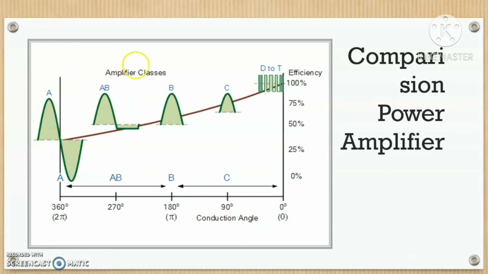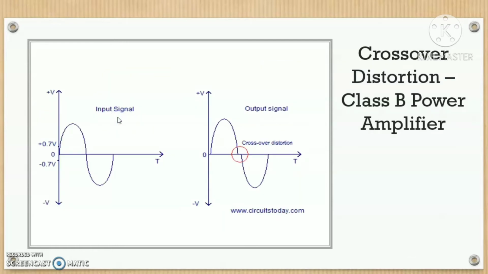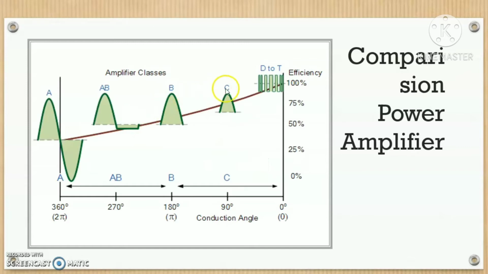Now this is a comparison of power amplifiers. Here you can see the conduction angle on the x-axis and efficiency on the y-axis. For class A, the conduction is 360 degrees and the efficiency is 25%. For class B, the efficiency is 78.54%, and class AB is better in this respect.